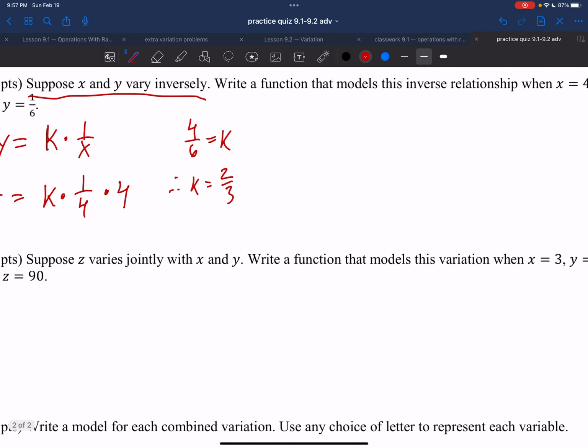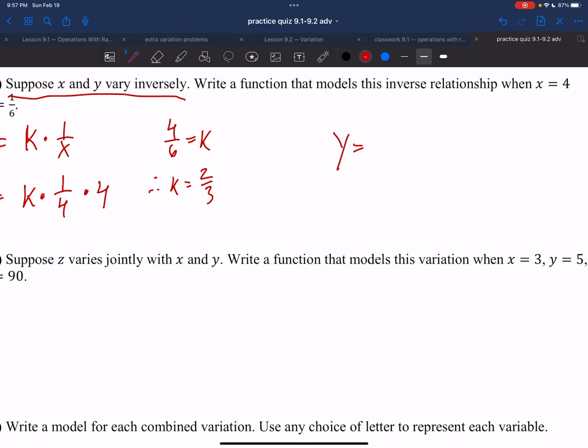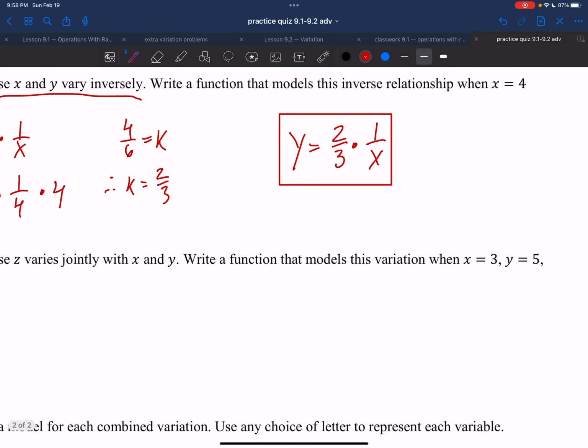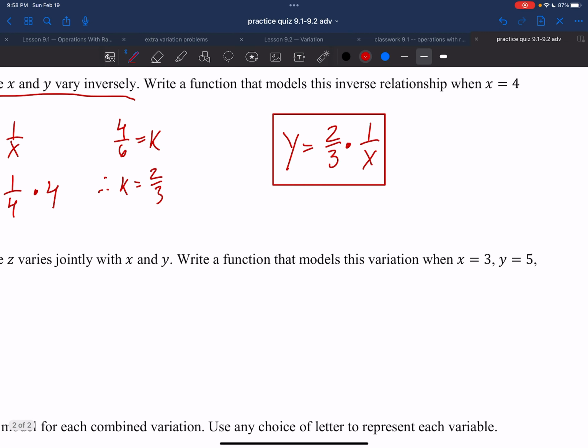So our answer is y equals 2/3 times 1 over x. And that's our answer. Do you see how fast that was? That's supposed to be an easy 15 points, okay? That's what that's intended to be. It's also an easy 15 points to miss if you have no idea what you're doing.